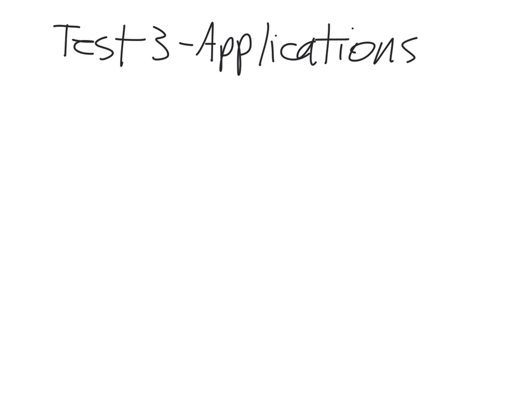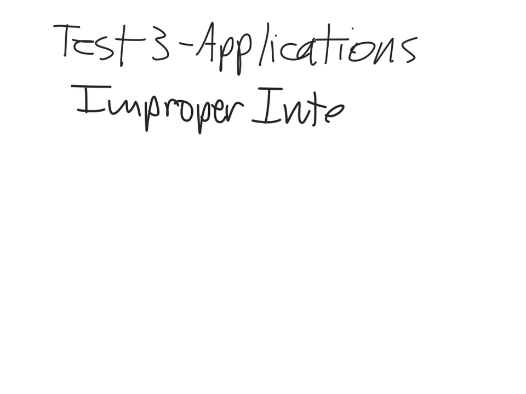Okay, then test 3, we got into using integration in working through some applications. Well, the first part of it was actually improper integrals. And that, we talked about how do we calculate some integral that goes off to infinity.